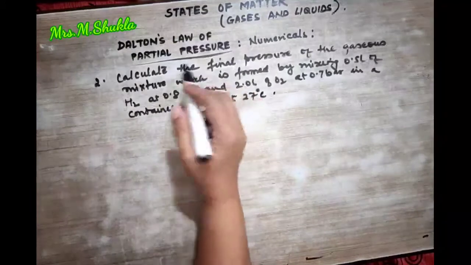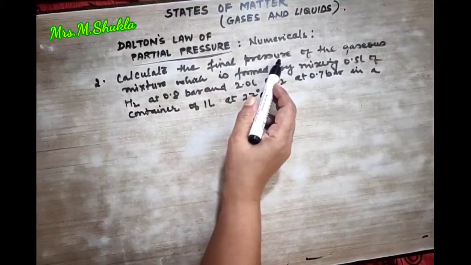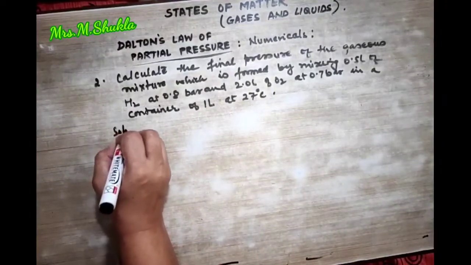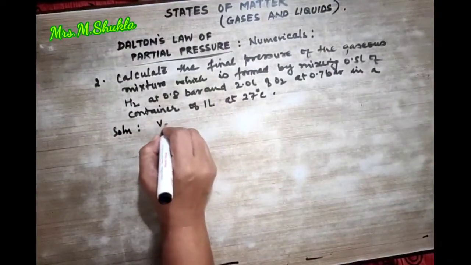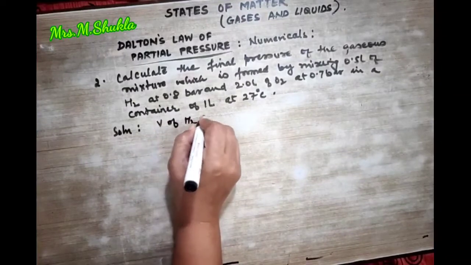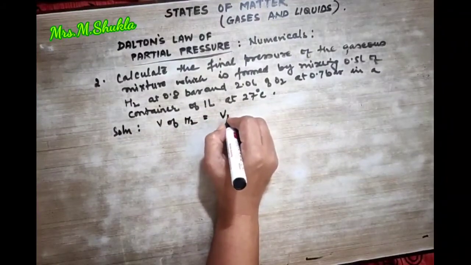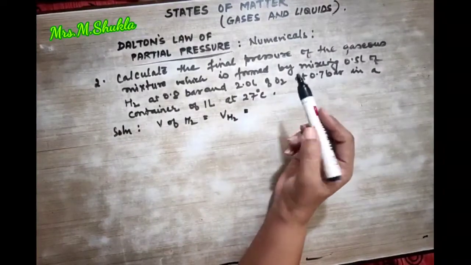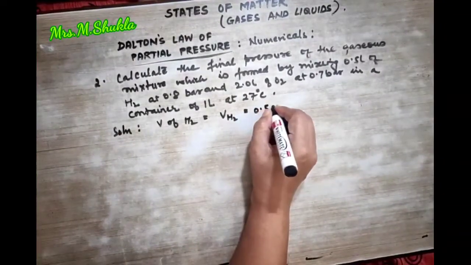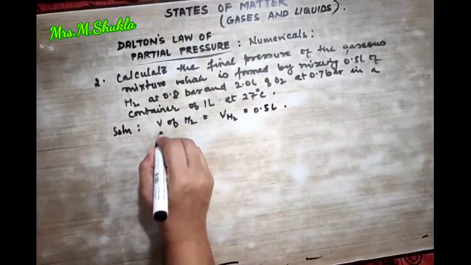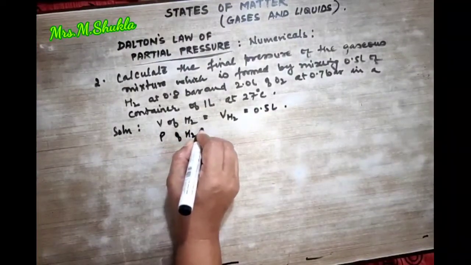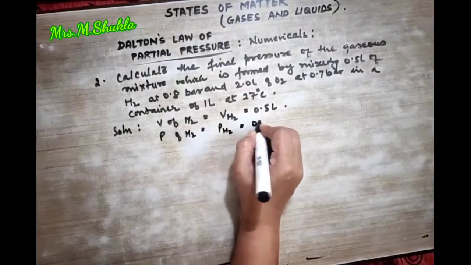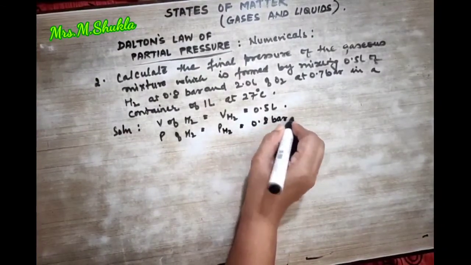So what do we have to calculate? We have to calculate the final pressure. Let's go ahead. What all is given first? Let's write that. Given is the volume of hydrogen, VH2, equal to 0.5 liters. Then the pressure of hydrogen, pH2, is 0.8 bars.